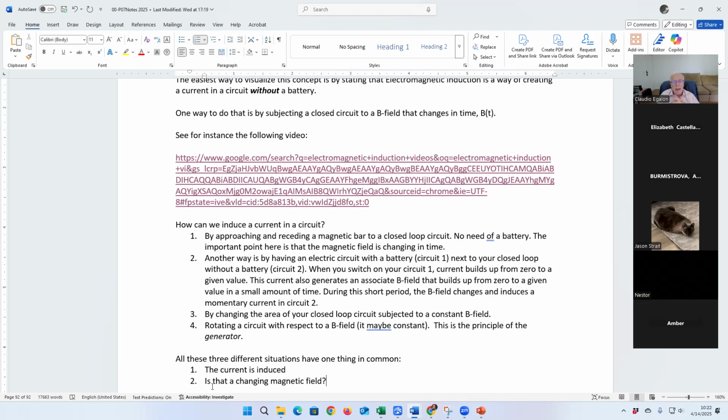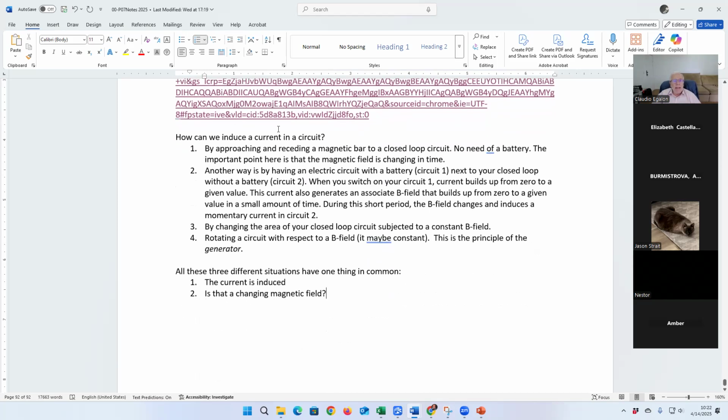We're just playing here, exploring how we can find out what is common to all those four different, apparently different situations. Do we have a changing magnetic field in all those four situations? Let's see. By approaching and receding a magnetic bar here, the magnetic field is changing, right? I'm going to put it between parentheses. Changing a B field.